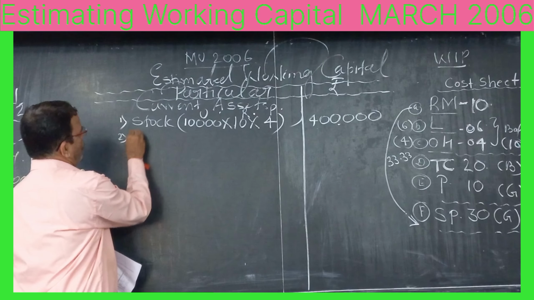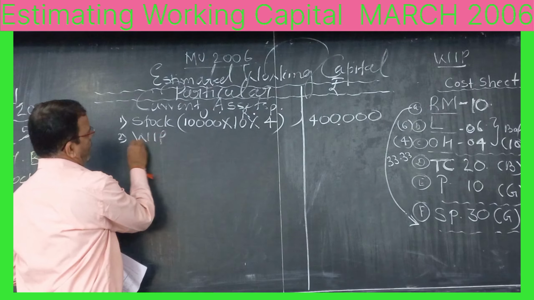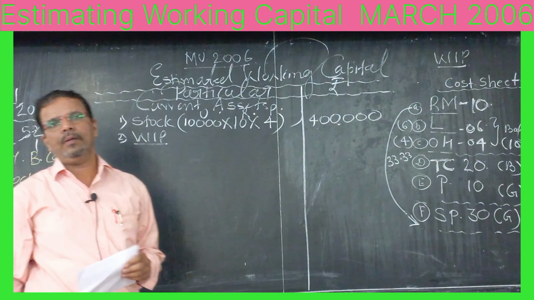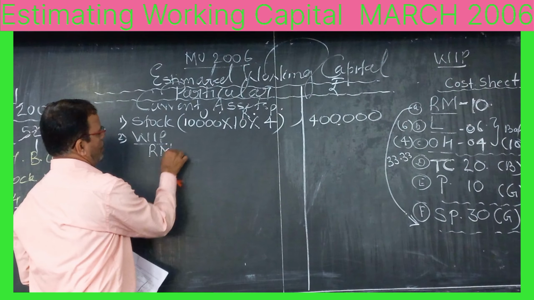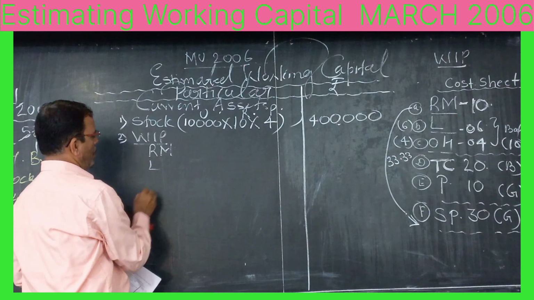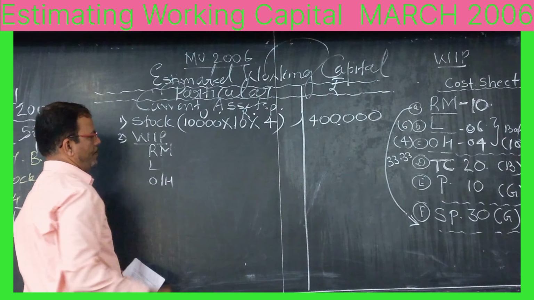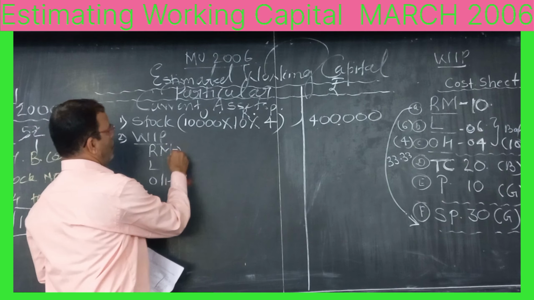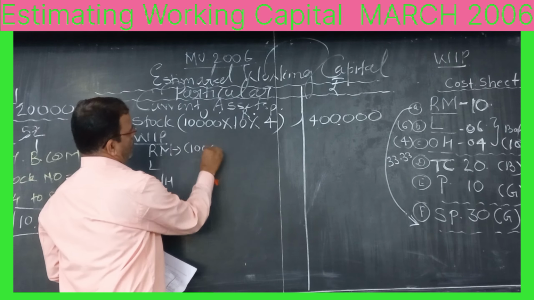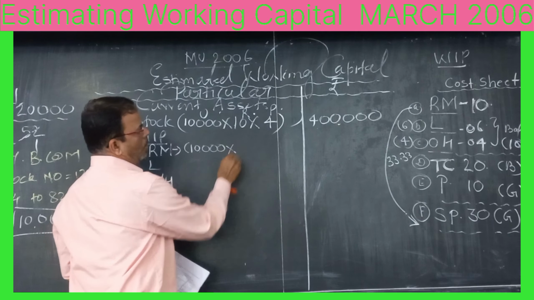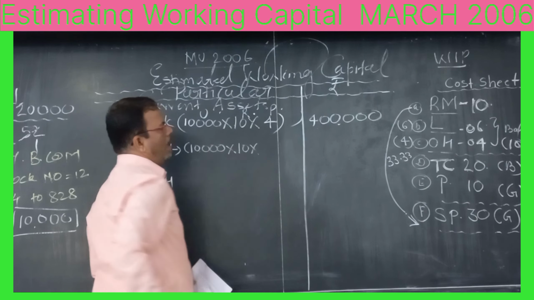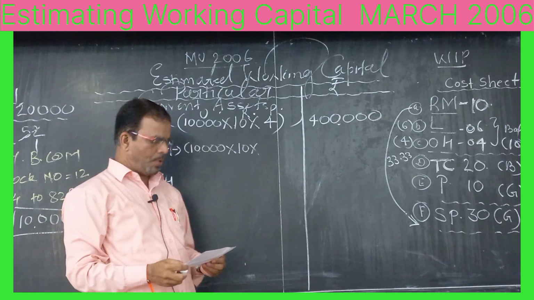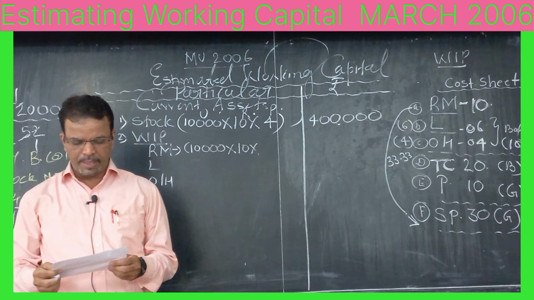Second item is always work in progress. In work in progress, the first item is always raw material, the second item is labor, and the third item is overhead. So again raw material. Units are 10,000, and the raw material rate is 10.